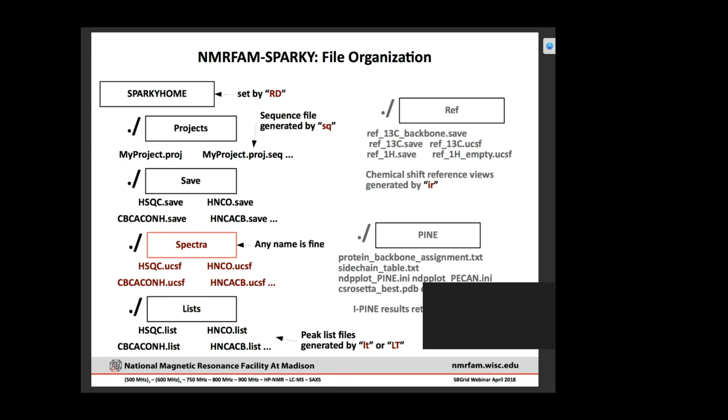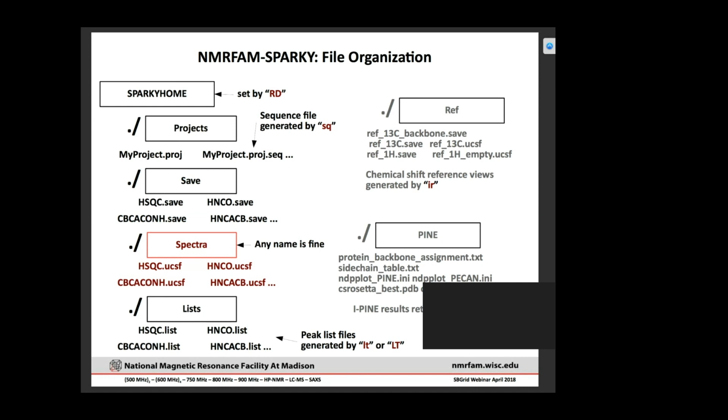By typing RD, all capital letters, you set up where you're going to have all your projects. That had to be done by changing the Sparky home parameter in the library file for UCSF-Sparky, but that is now explicitly made a function in NMRFAM-Sparky. So you set up your Sparky home, and then relaunching the program will automatically read that Sparky home to set up your place to work on.